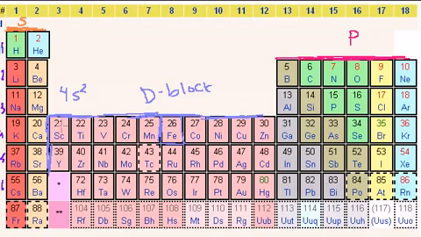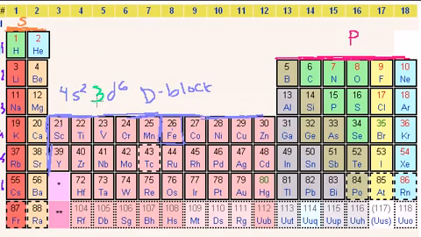Iron has 1, 2, 3, 4, 5, 6 elements in the d block. So it's going to have d6, but it's not going to be 4d6, it's going to be 3d6. I figured that out because it's in the fourth period, and I subtracted 1 from that.